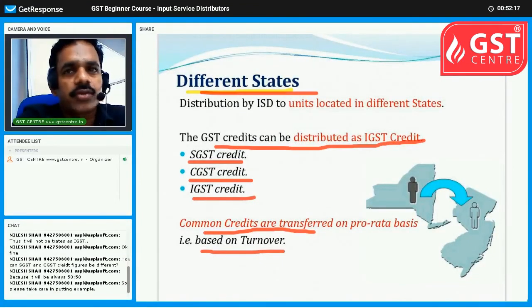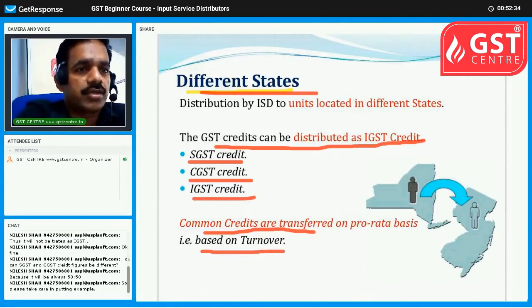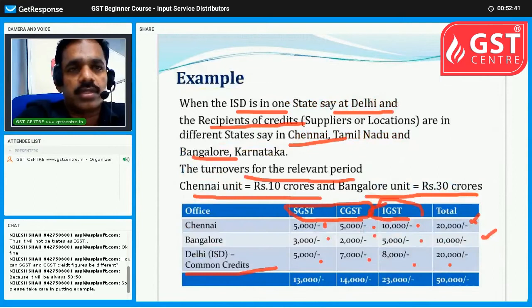Let us see, there are two concepts: different states and same states. Different states means credit is distributed as SGST credit or CGST credit or IGST credit as IGST credit, and common credits are transferred on a pro rata basis. So we have already seen an example: Chennai, Bangalore and Delhi.